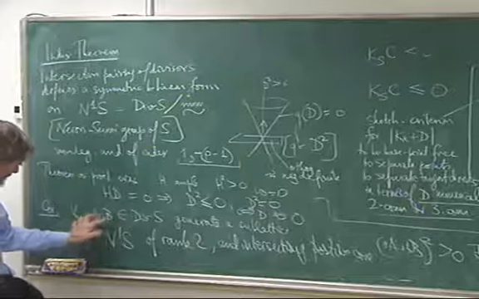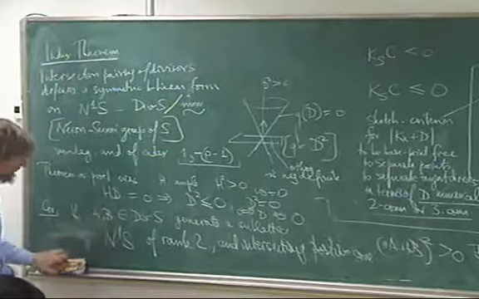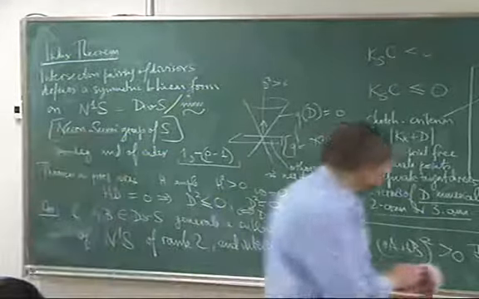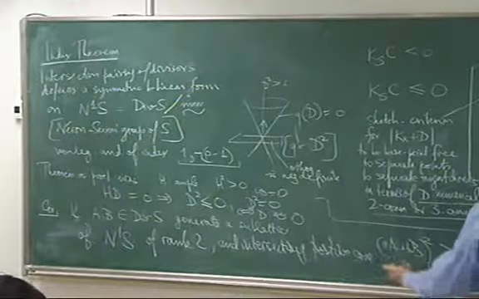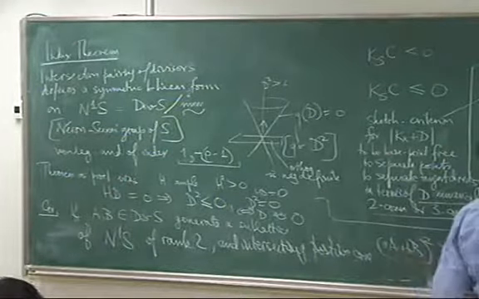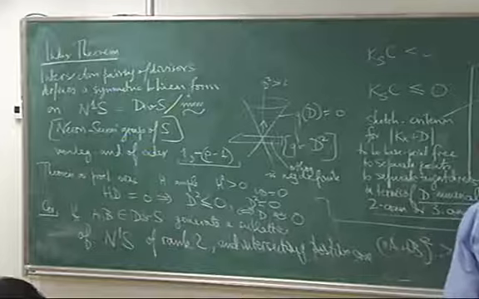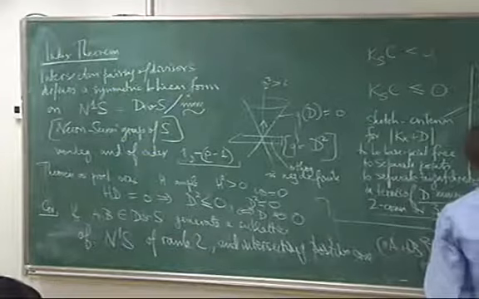None of them, they've got to be numerically linearly independent. Then the quadratic form on A and B has one positive and one negative eigenvalue.